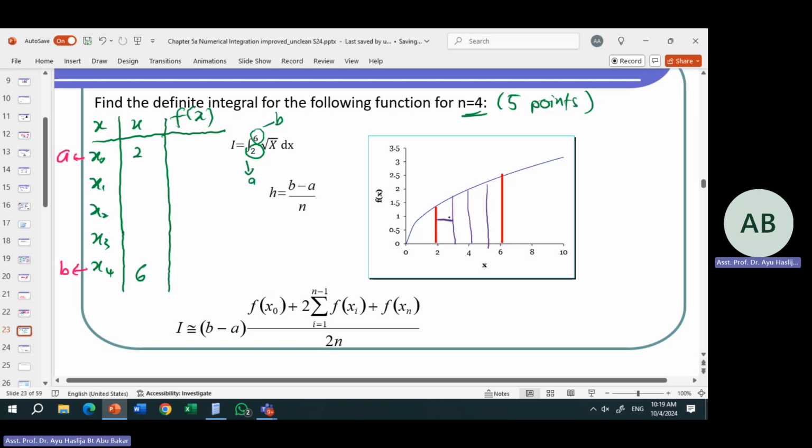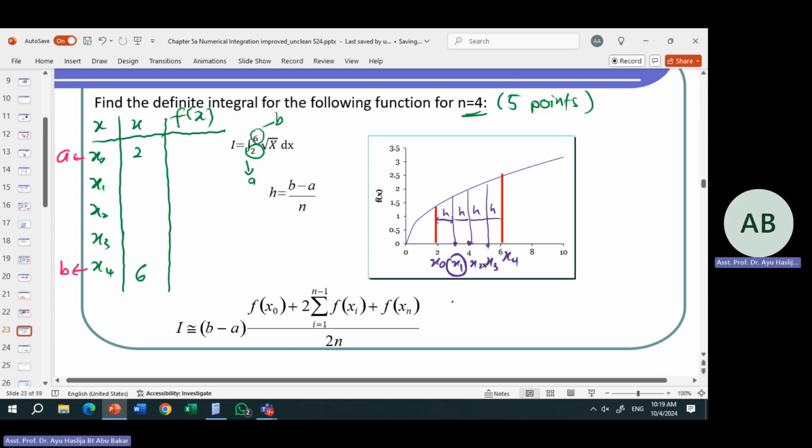Okay, each of these same H. Okay, so we need to find what is the h in order to know what is your points. X naught here is x1, x2, x3, x4.